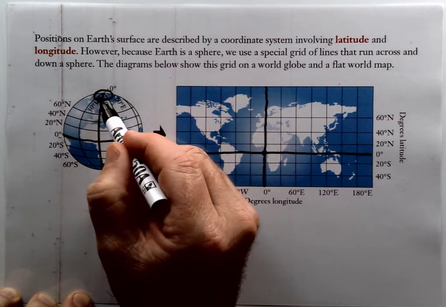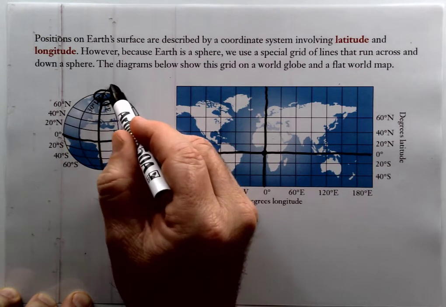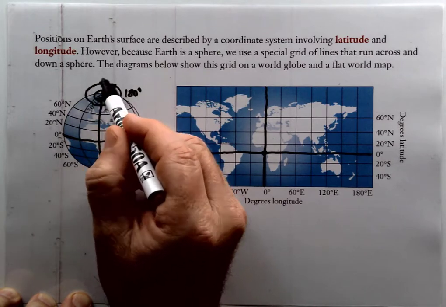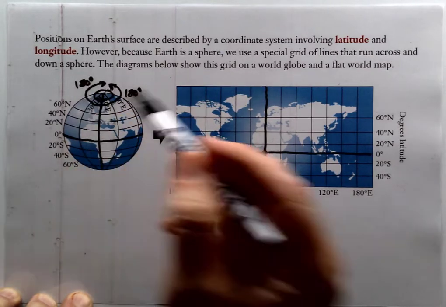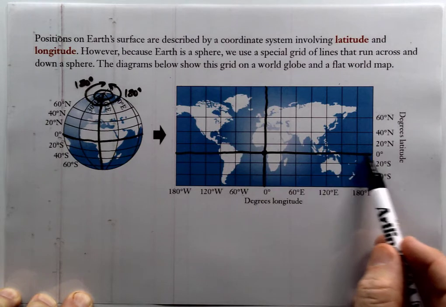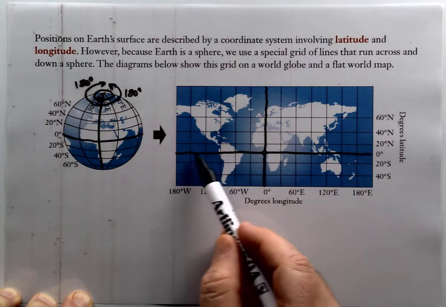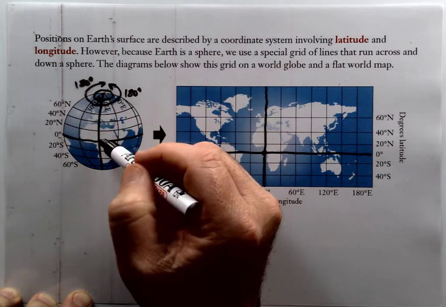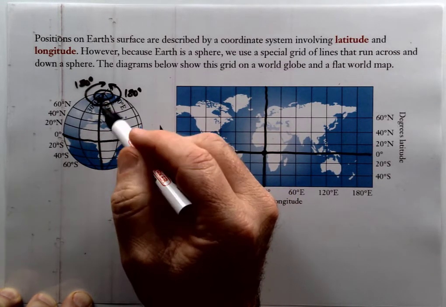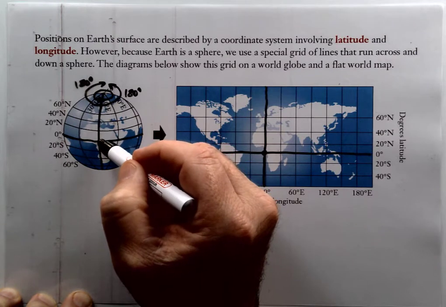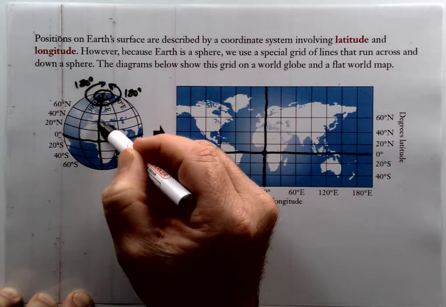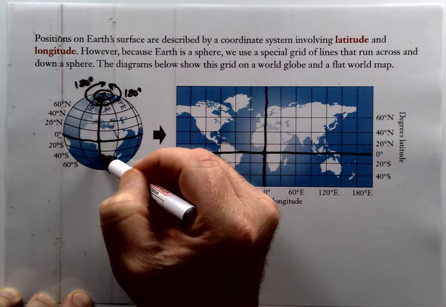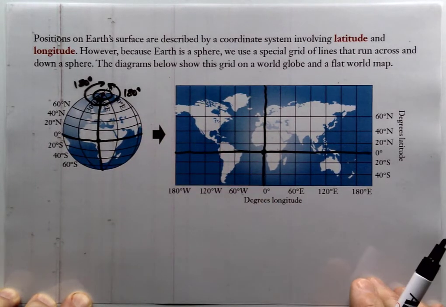We can come up to 180 degrees to the east, or up to 180 degrees to the west. With the northings and southings, as we call them, if you were to start at the equator and move up, you can only move up to 90 degrees till you hit the North Pole, and similarly you can only go down to 90 degrees to hit the South Pole.